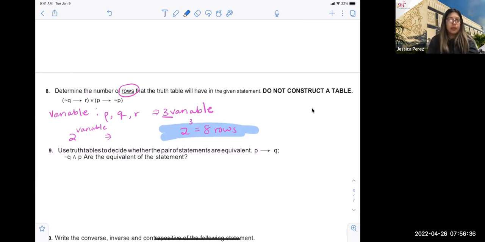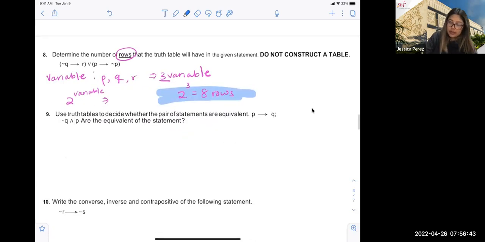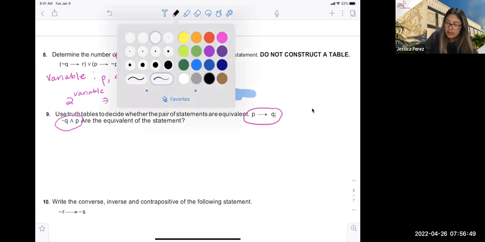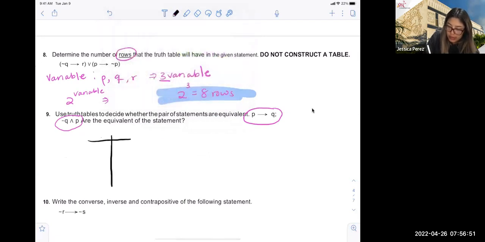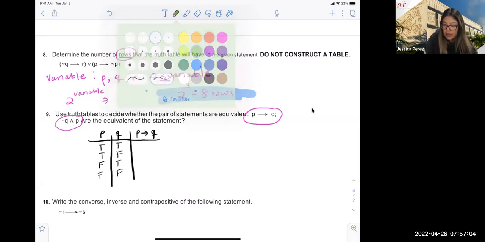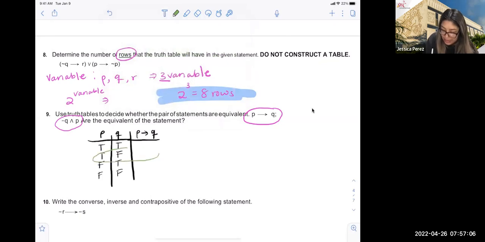All right, use truth tables to decide whether the pair of statements is equivalent. So you want to create 2 truth tables, this truth table and this truth table, 2 of them. Well, you should already know how to do P implies Q because we've done that a zillion times right now. True, true, false, false, true, false, true, false. But we already know that only in this case, this is false.